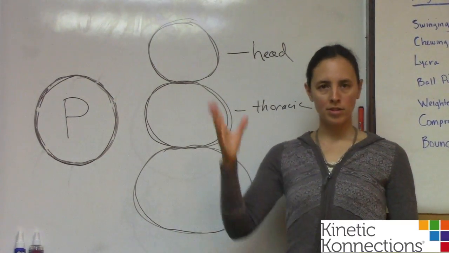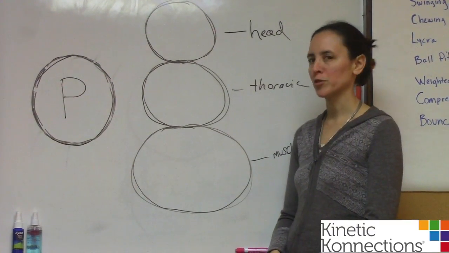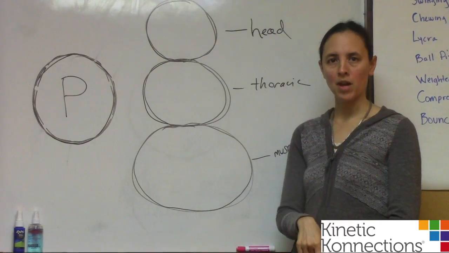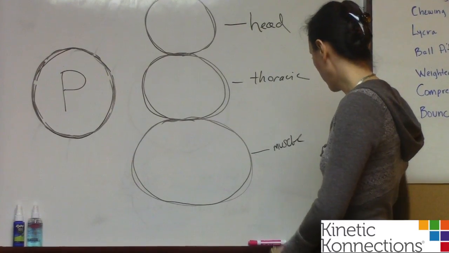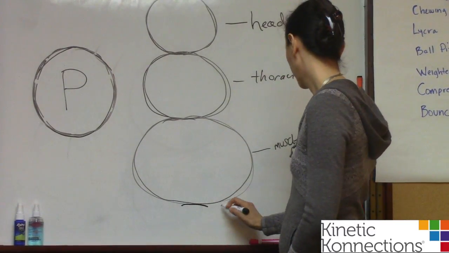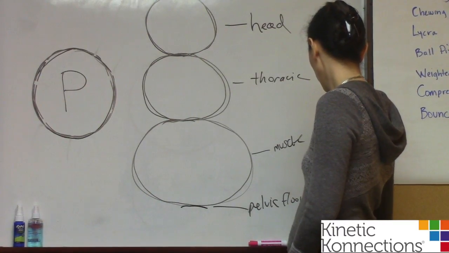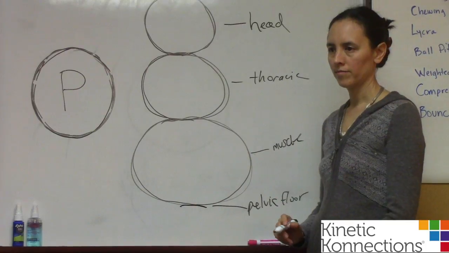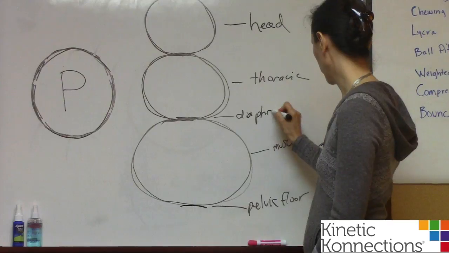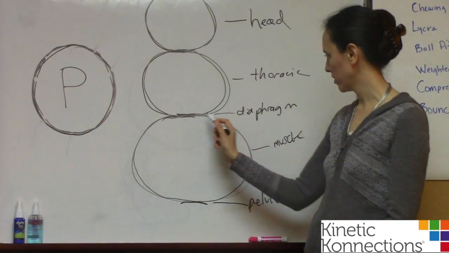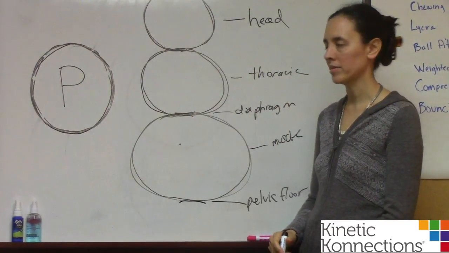So let's start sharing together and thinking about what these boundaries are made out of. So what about pelvic floor? Absolutely. So pelvic floor, right here, very important part of the boundary. About diaphragm. Awesome. Diaphragm is really important in our work, and it's a very interesting one because it's a boundary for this one, the abdominal cavity, and this one, thoracic.